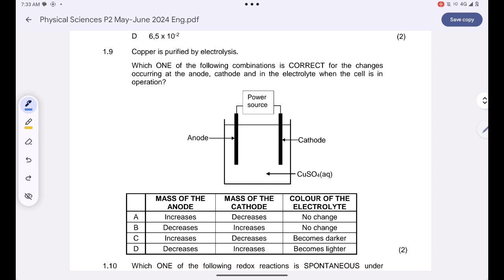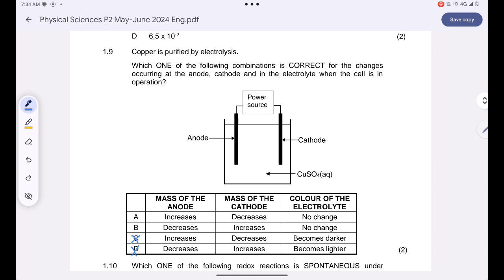Which one of the following combinations is correct for the changes occurring at the anode, cathode, and in the electrolyte when the cell is in operation? The first thing you need to know is that in your electrolyte there wouldn't be any change. Are you together? So since for options C and D the electrolyte changes, that means those two answers are incorrect.